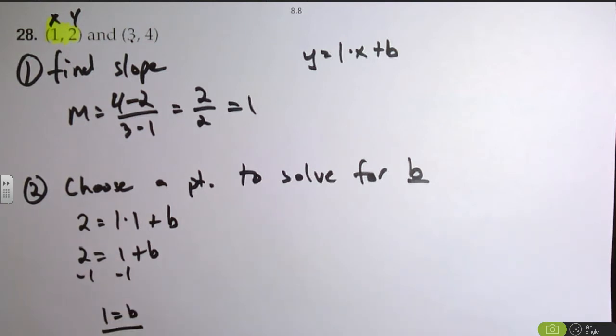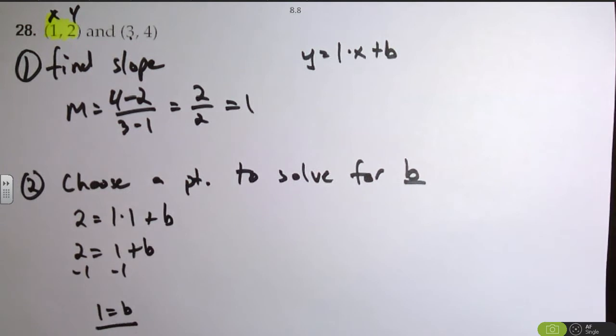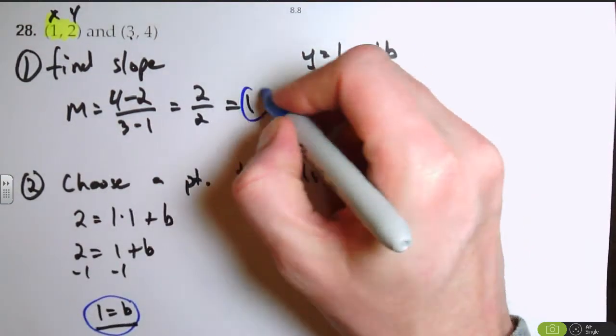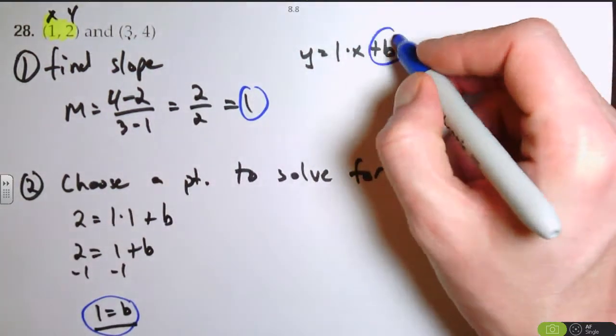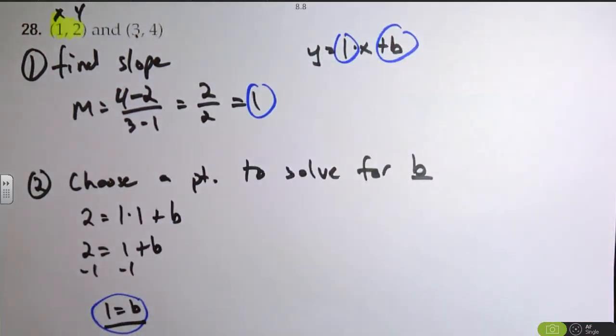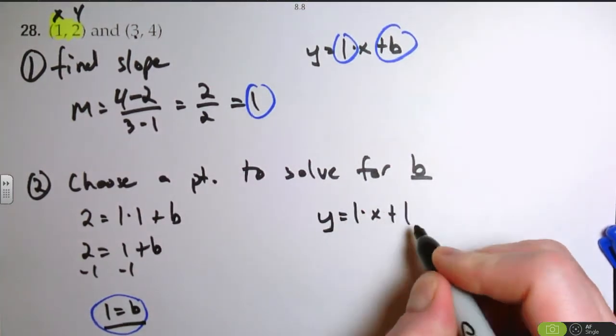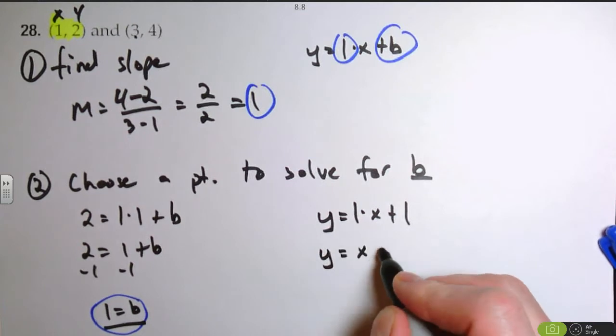There's the b value. So I now have my b. I have my slope. So the equation of the line is y equals 1 times x plus 1, or simply y equals x plus 1.